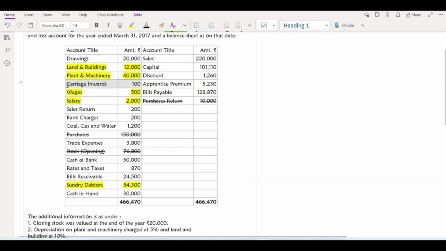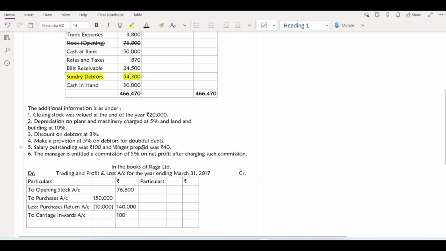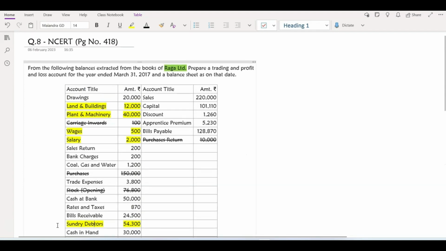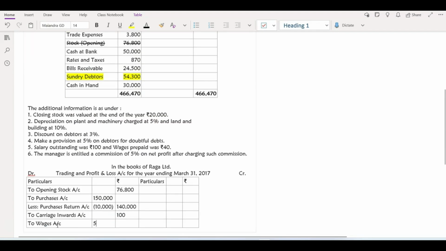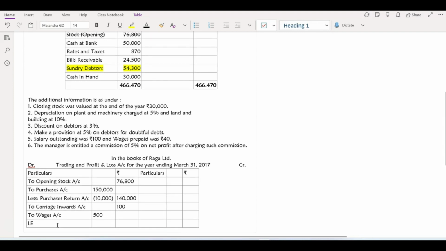After this, it is wages. Wages are also direct expenses, and since I had already highlighted it, wages include some adjustment. Look here, wages prepaid was rupees 40, so we have some prepaid wages. What is the amount of wages? Wages is 500 as per my trial balance, that I'm going to write in my inner column, and then I'm going to less the prepaid wages.